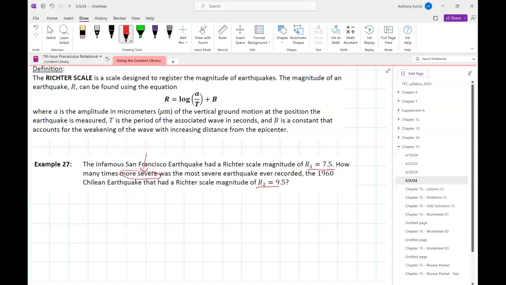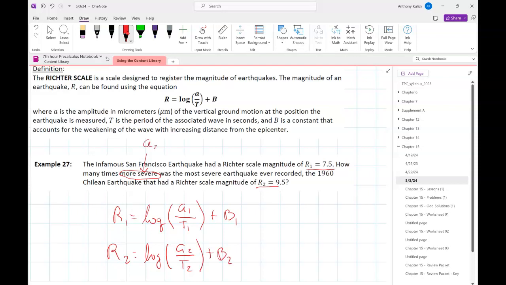So the severity of the earthquake is going to be dependent on that vertical displacement, right? The more rocking that's going on, the more severe the earthquake is. So say we have an R1 that's associated with San Francisco, and an R2 that's associated with Chile, then how many times more severe would be the ratio of A2 to A1, right?